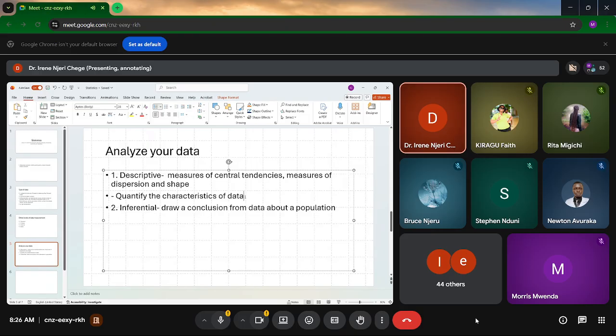Whereas in descriptive statistics, you're using things like mean, mode, median, standard deviation, variance. Here, in inferential statistics, you are going to do t-tests, z-tests, regression, we call it linear regression.